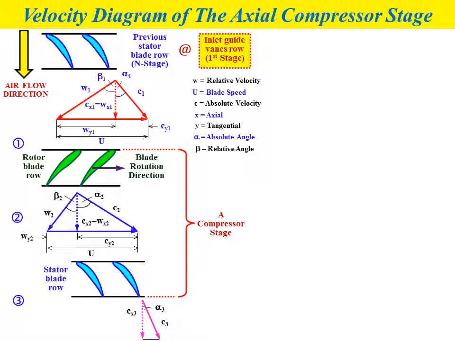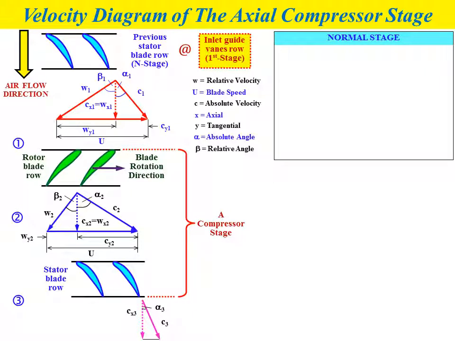So these are the velocity diagrams at the important conditions of the axial compressor stage: at the inlet of the rotor, at the outlet of the rotor, and at the outlet of the stator.